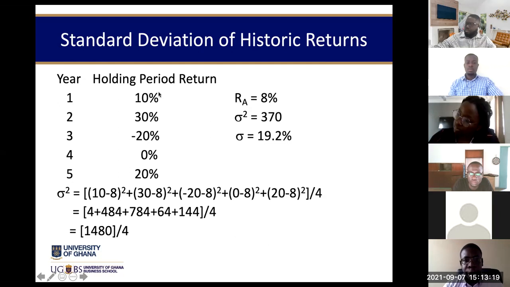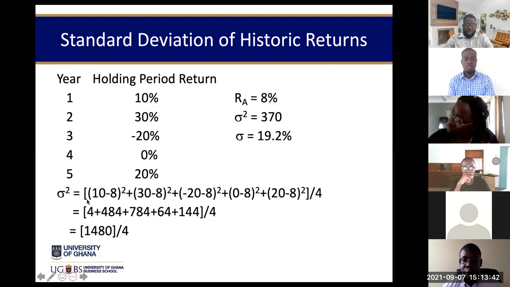But let's look at the return in year one. What was the return in year one? 10%. But what did we expect in year one? 8%. So this is what variance is. Don't forget the statistical variance: we expected a return of 8, but in year one the return was 10.